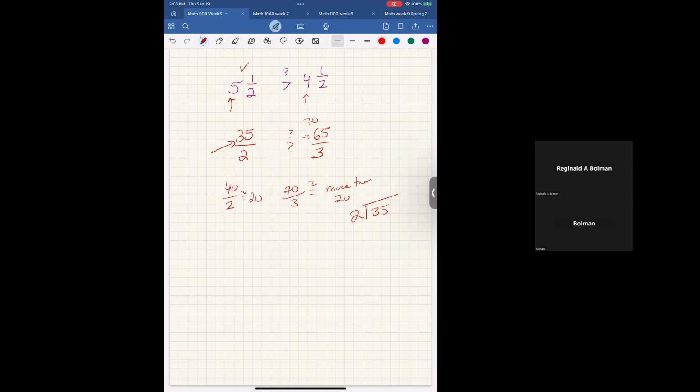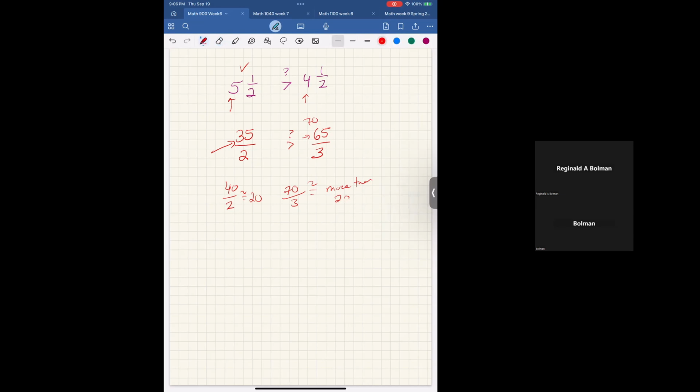So even using rounding, you would get roughly the same answer between 35 divided by 2 and 65 divided by 3. And so you would almost always be forced to perform the long division process just to be able to compare these little fractions with one another.